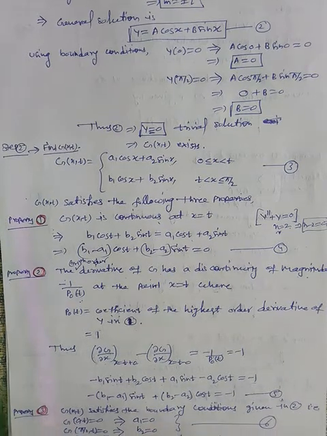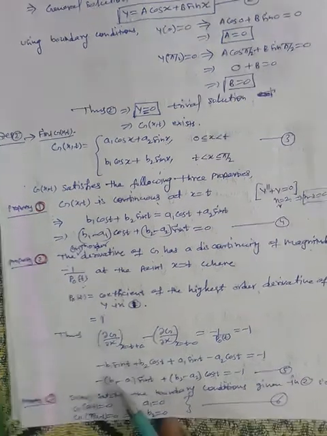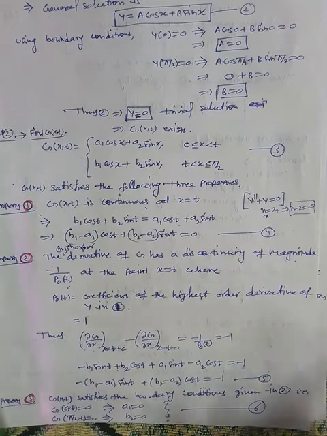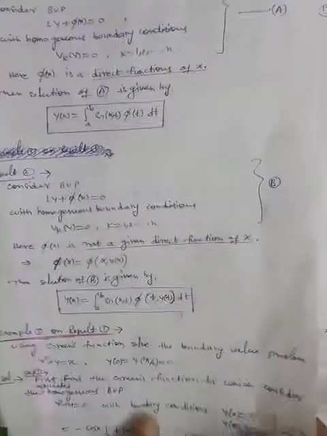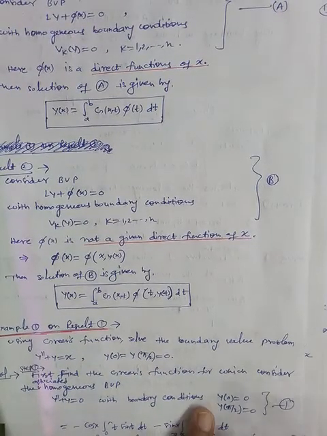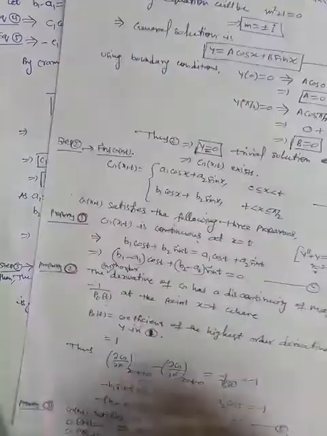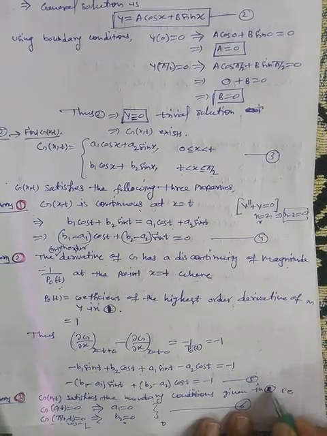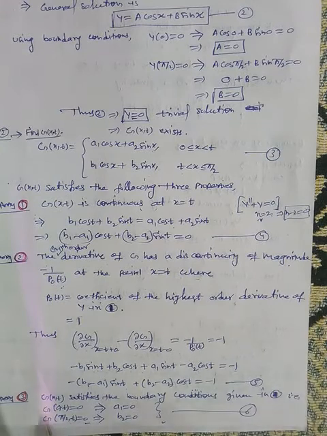Now property number 3. Property number 3 says that G(x,t) satisfies the boundary condition given in 1, that is g at x equal to 0 is 0, and g at x equal to pi by 2 is 0.